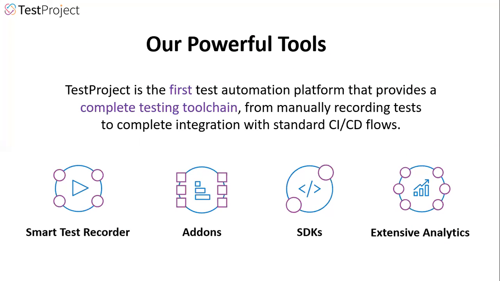So what are the powerful tools available here? Here we have test recorder, which will record the steps. There are add-ons, so through the add-ons there are multiple special things you can do based on your requirement. There is SDK, so that you can integrate your existing framework to the test project platform. That's possible.